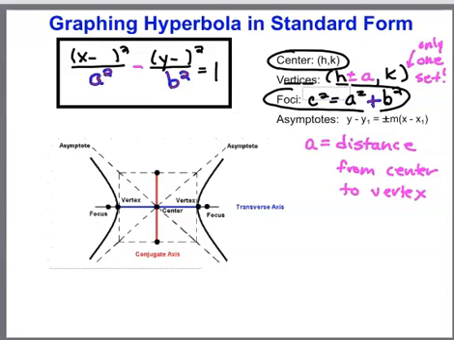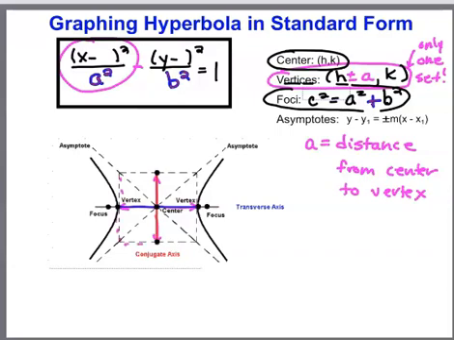As far as the vertices go, one key difference is that there's only one set of vertices. You're still going to do the same thing you did before when you're graphing. You take the square root of whatever is under x, and you go right that square root, left that square root, up that square root, down that square root.